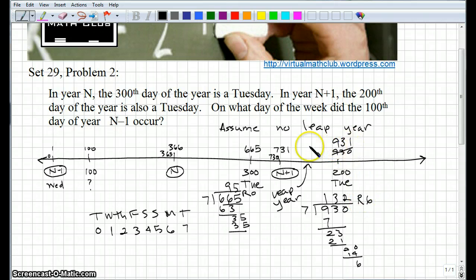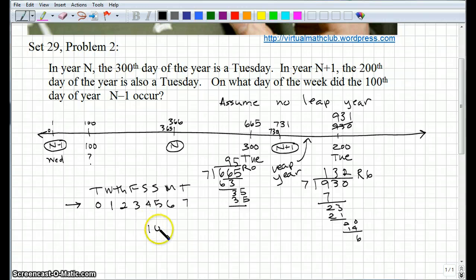So now we have all of our dates referenced back to year n-1, day 1. Okay? So now we can just work through it, and we can work by these remainders. So now if we take day 100 and we divide it by 7, we should just be able to look at the remainder and tell what day of the week it was.